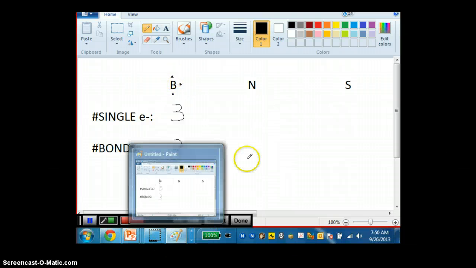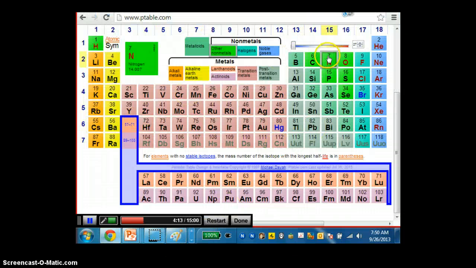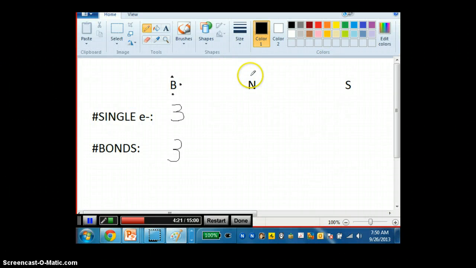So then for nitrogen, go to where nitrogen is. It's also in row 2. Count 1, 2, 3, 4, 5. Nitrogen has 5 dots. So we start at the top. Single, 1, 2, 3, 4. And now we start to pair them up. 5. So nitrogen has 3 single electrons, just like boron. That means it can make 3 bonds.